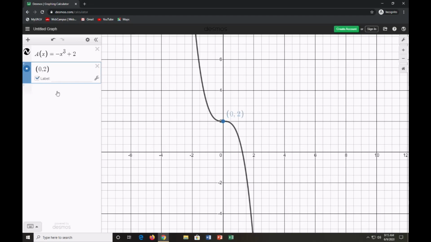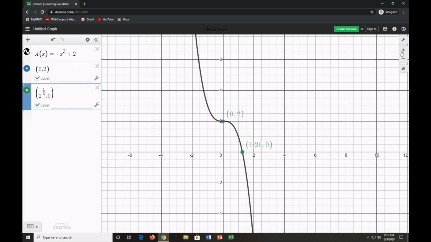Let's also snap to the x-intercept, which was the third root of 2, so 2 to the 1/3 power, comma 0, which is 1.26. So let me label it right there, (1.26, 0), what we calculated with the calculator.